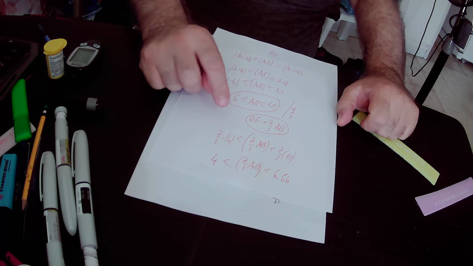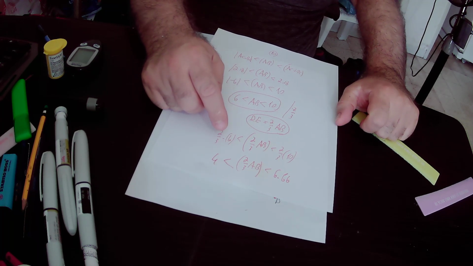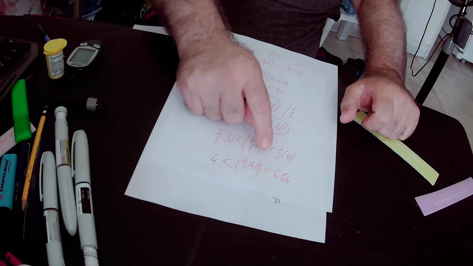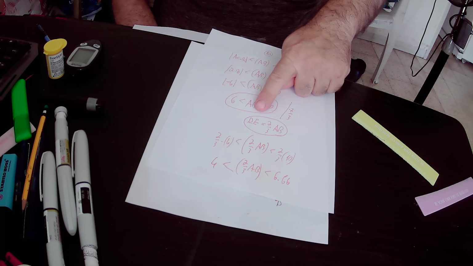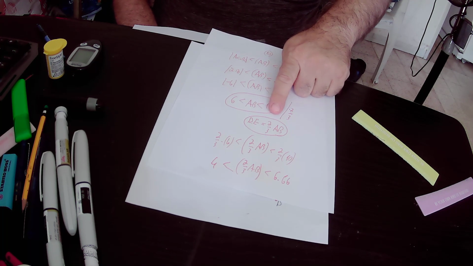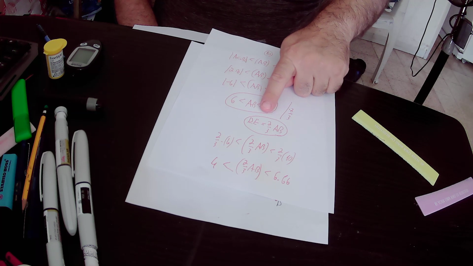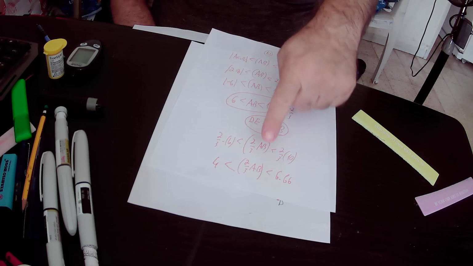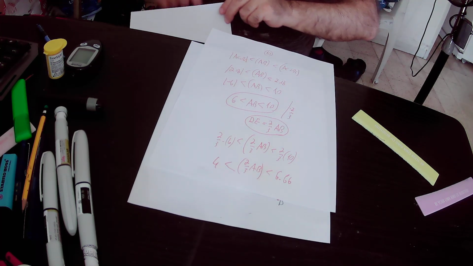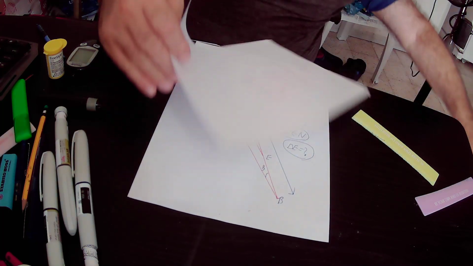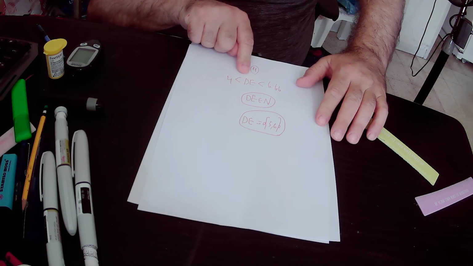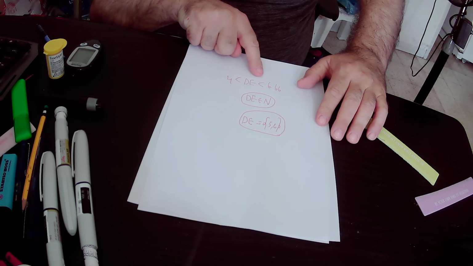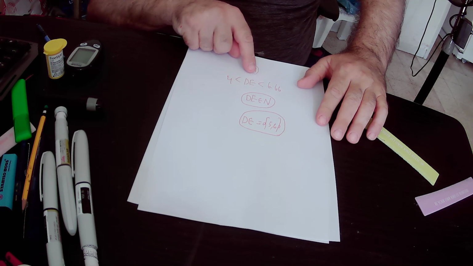So 2/3 AB is greater than 4 and smaller than 6.66. But 2/3 AB equals DE, so we substitute, and we get that DE is greater than 4 and smaller than 6.66. But we also know that DE is a natural number.